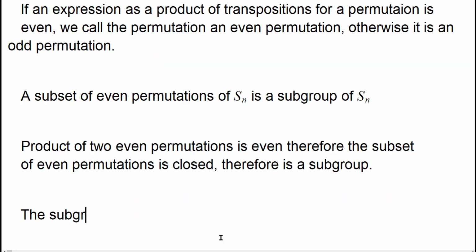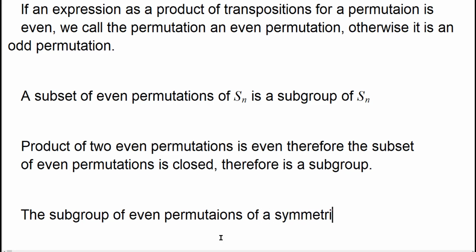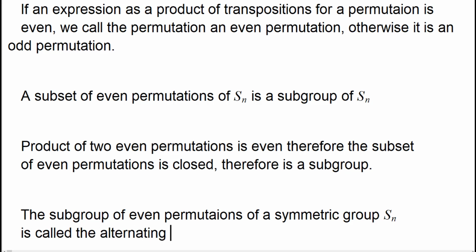The subgroup of even permutations of a symmetric group Sn is called the alternating group on n symbols, and we denote it simply by A sub n.